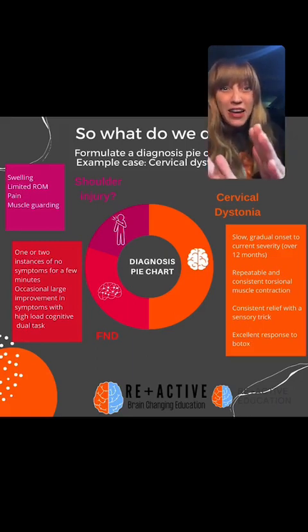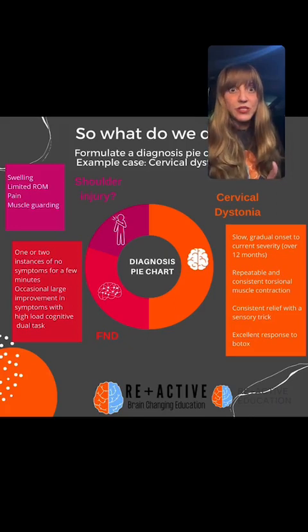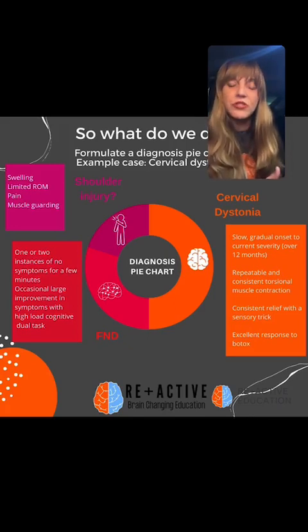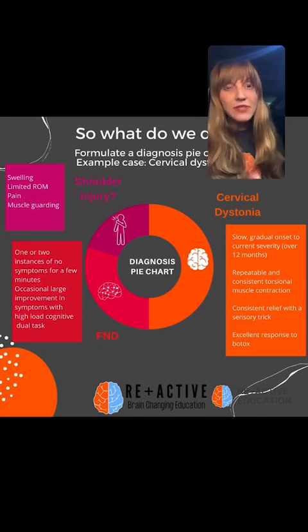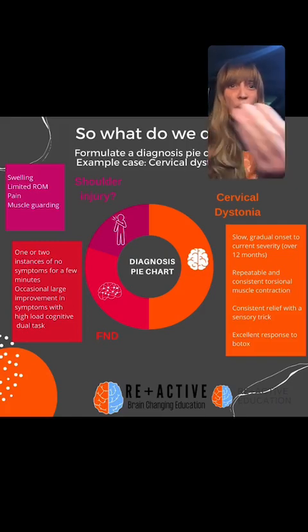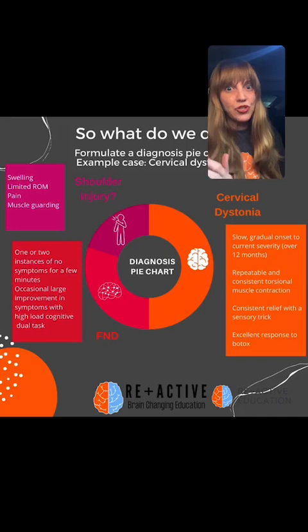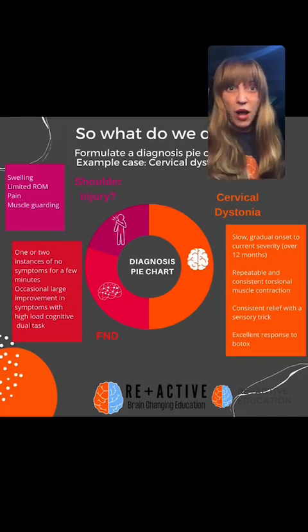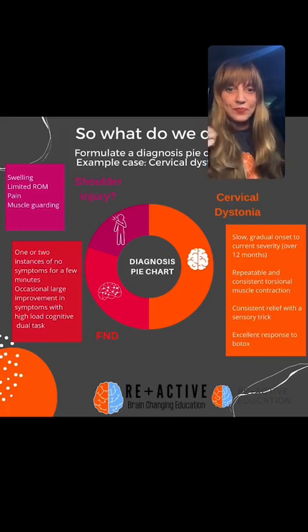Some of that might have been even a predisposing factor for the cervical dystonia developing, but we have to consider that as part of the diagnostic picture too. How might this orthopedic injury be contributing to the movement problems that this person is having?